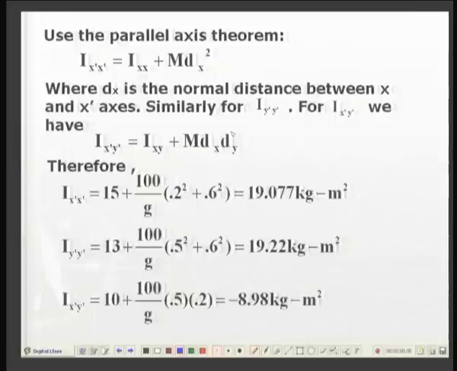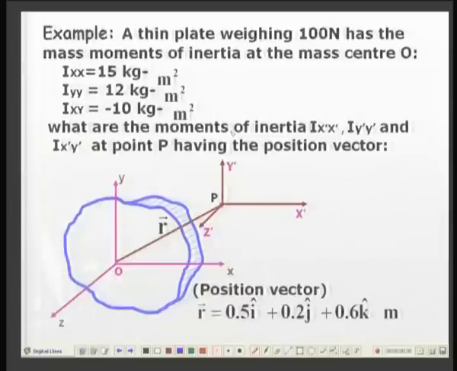15 is the Ixx. Then for mass, you have 100 Newton as the weight, divided by g, 9.81, and you will get mass in kilograms.